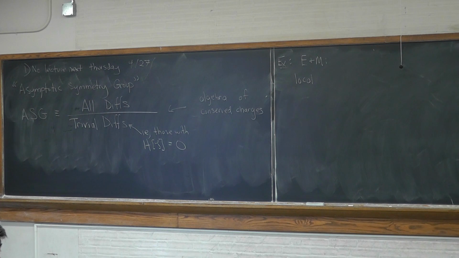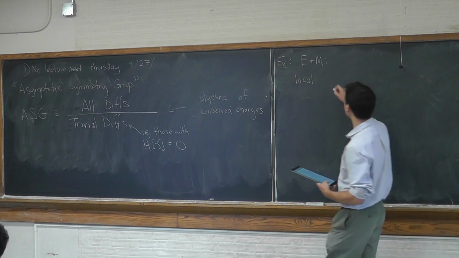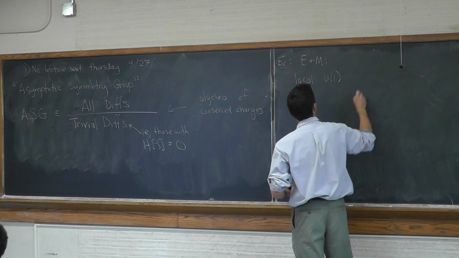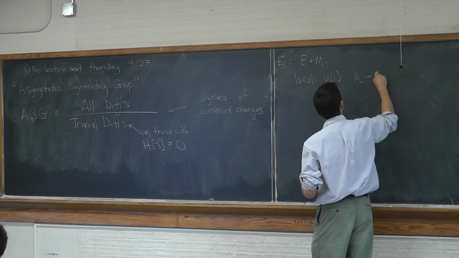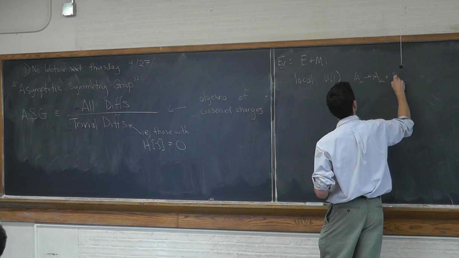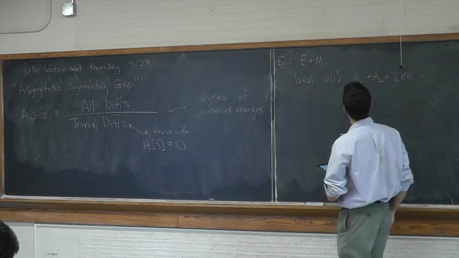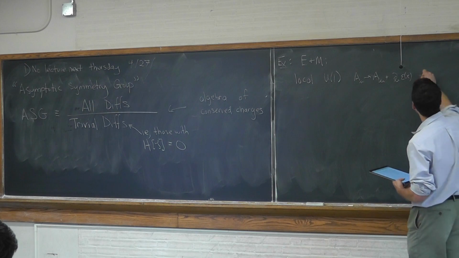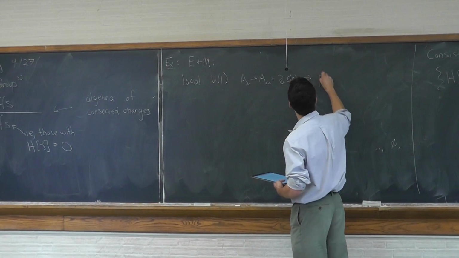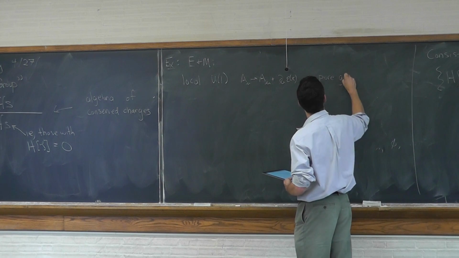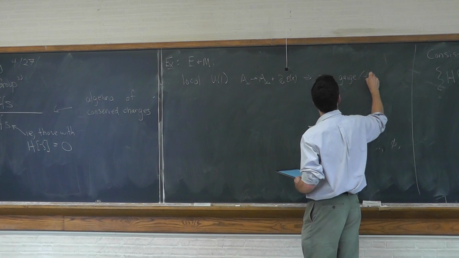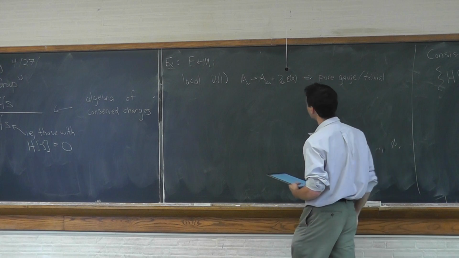Labeled by a function. You can do gauge transformations anywhere in the spacetime. So those are the local U(1). A_mu goes to A_mu plus d_mu lambda. Those are pure gauge or trivial transformations.